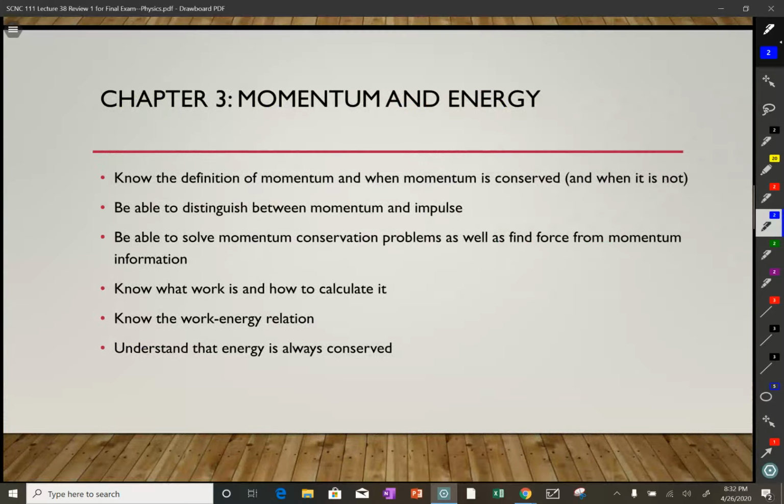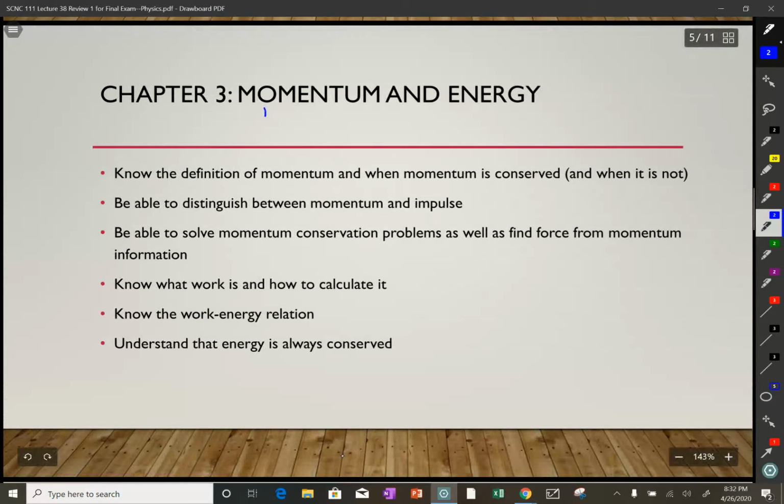Chapter 3, we looked at momentum and energy. Momentum, symbol p, is equal to mass times velocity. Since net force is equal to mass times acceleration, but acceleration is change in velocity over change in time, I can combine the mass and velocity so that net force is change in momentum over change in time.